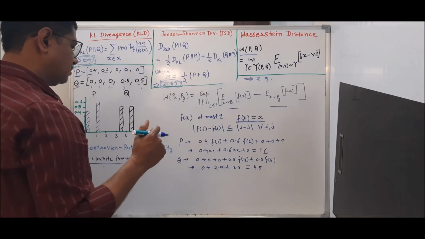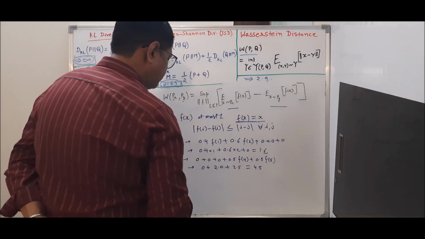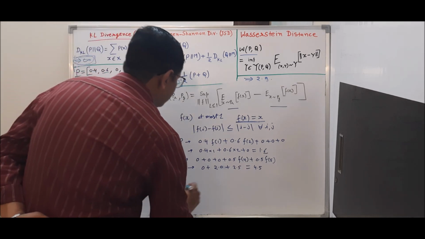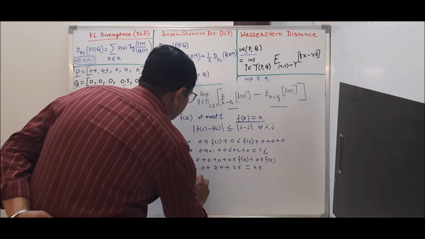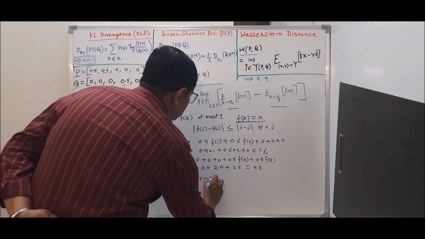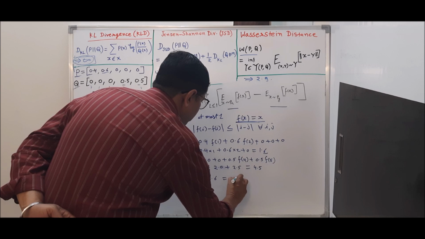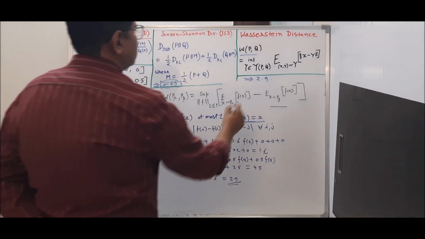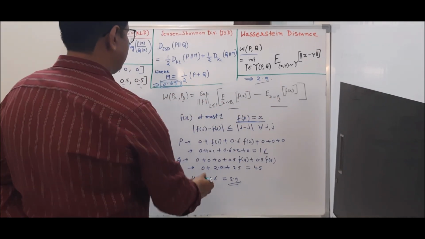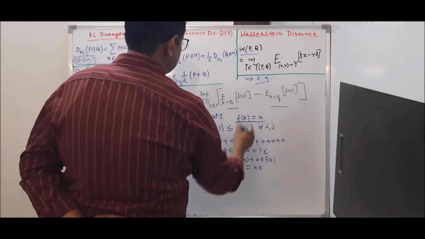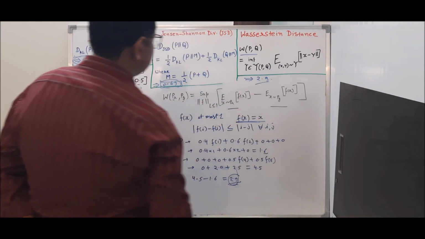So the difference between the expected values will be 4.5 minus 1.6, which will be equal to 2.9. That will be the Wasserstein distance between the two probability distributions.